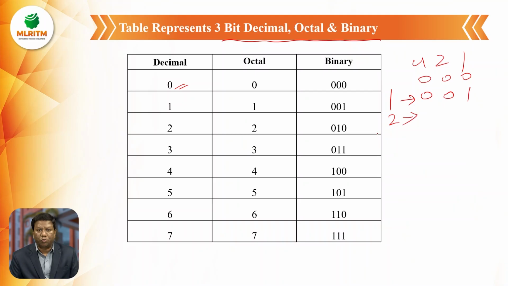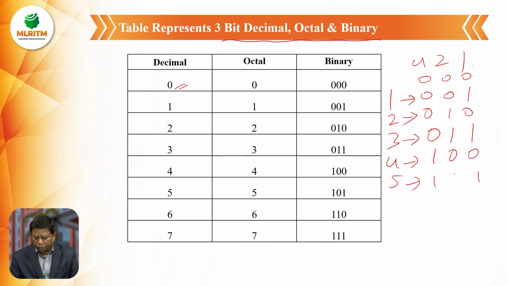When decimal value is 2, wherever the 2 is there we'll get 1 and the remaining bits will be 0. 3 is 0, 1, 1. 4 is 1, the remaining bits 0. 5 is 4 plus 1, 1, 0, 1. 6 is 1, 1, 0. 7 is 1, 1, 1, which will be represented as 111.